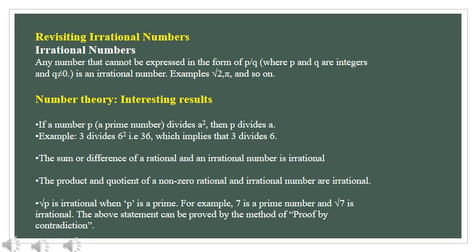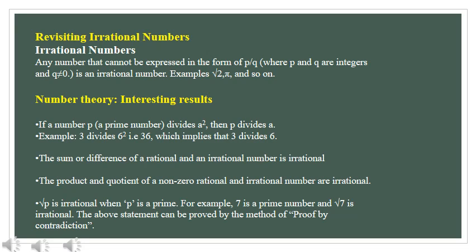Dear students, let's see some interesting facts related to number theory. Suppose p is a number which divides a squared. Then p also divides a. For example, we can divide 6 squared by 3, so we can also divide 6 by 3.